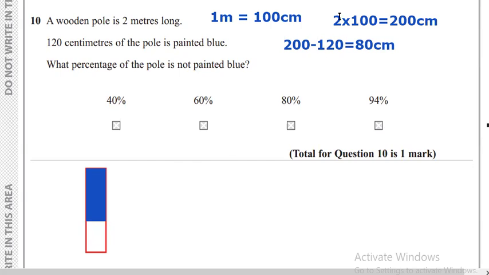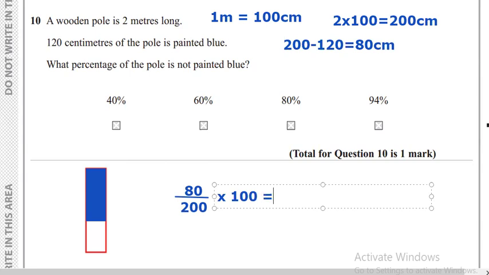This means to make a percentage out of this, we take the part number and divide it by the whole number, which is 200. So we say 80 divided by 200. So we made a fraction of the non-painted part on the total length of the pole. And then to turn it into percentage, what do we do? Very good.